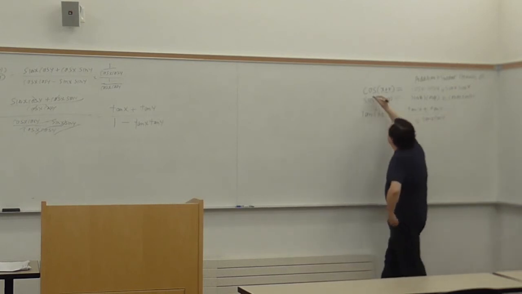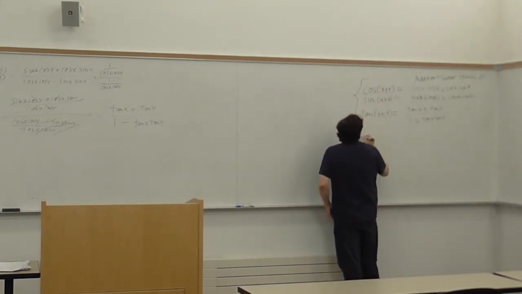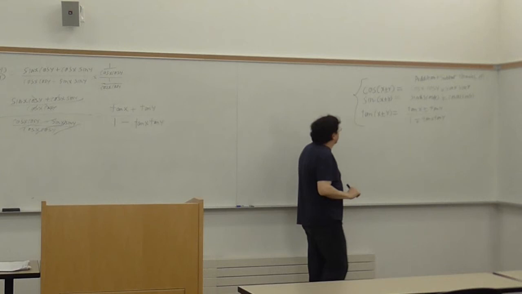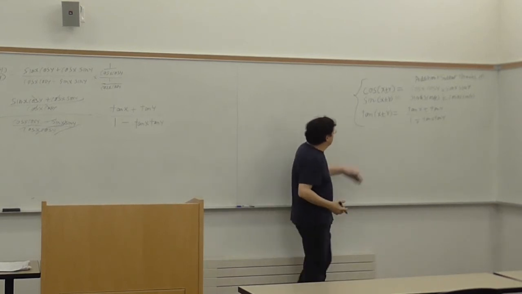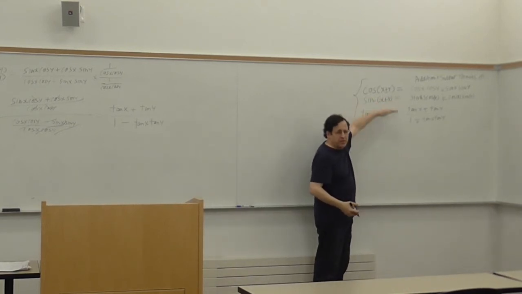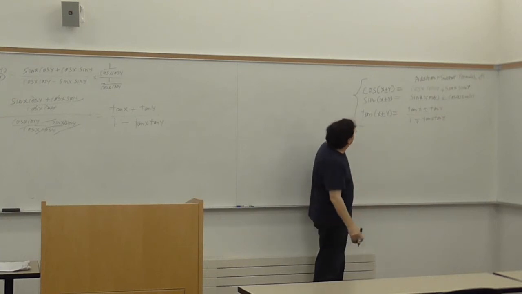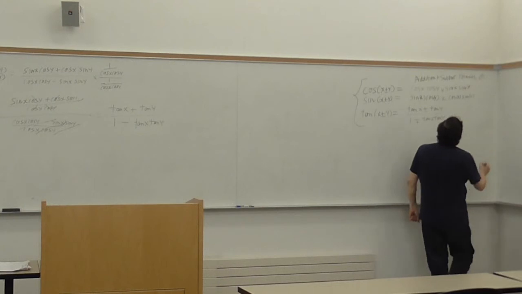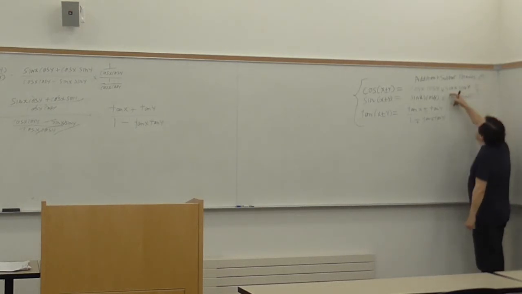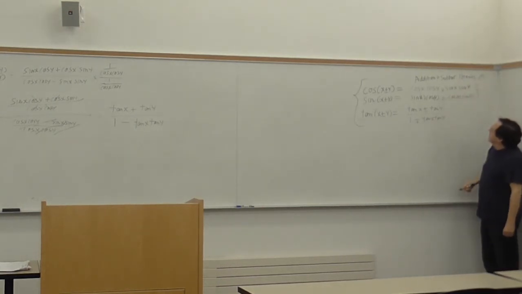Okay, these are pretty useful formulas. Again, there's six formulas there, but if you see the pattern, there's really only three. And probably the hardest thing is to keep these two straight, because they look a little different.